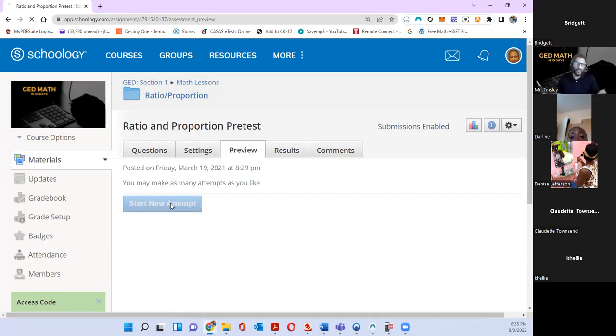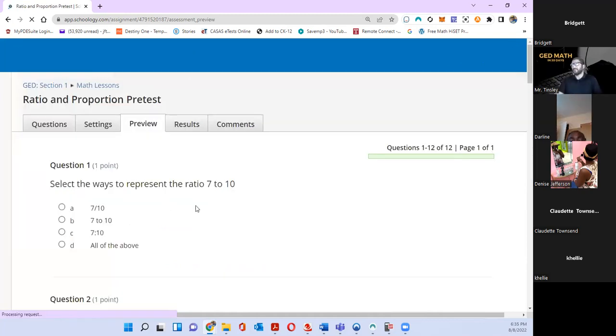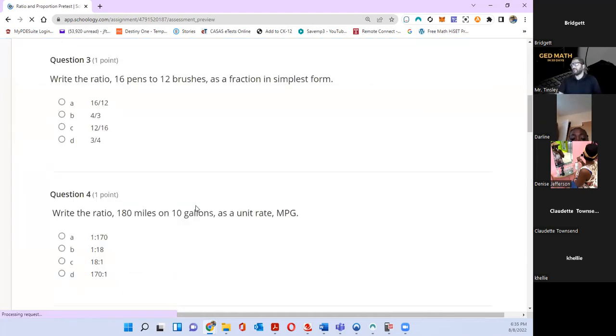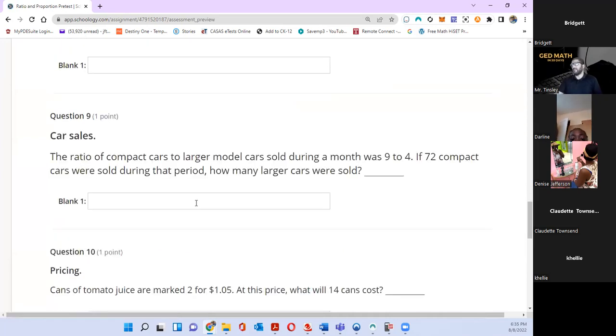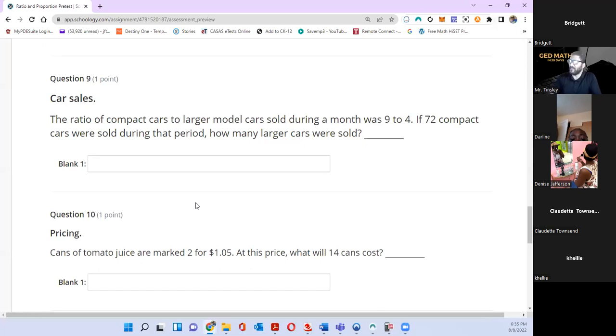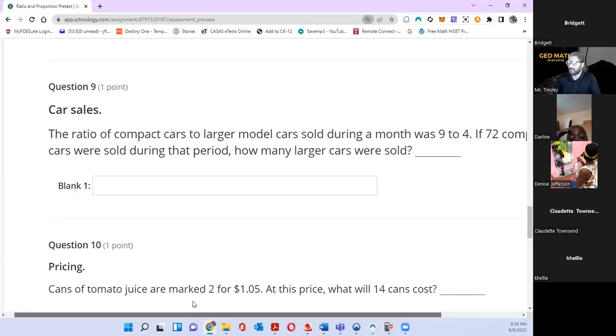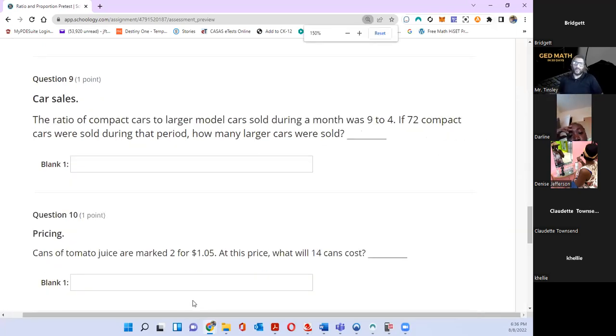Let's just do a couple. Ratio and proportions. That's pretty easy, so let's not do that. Let's do, there we go. Number 9. Can everybody see number 9? Yes. The ratio of compact cars to larger model cars sold during the month was 9 to 4.